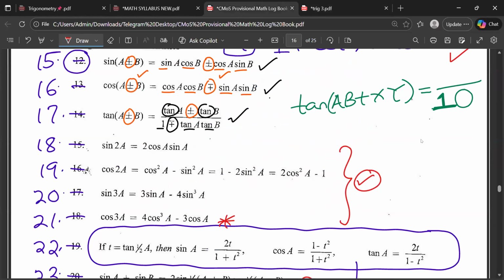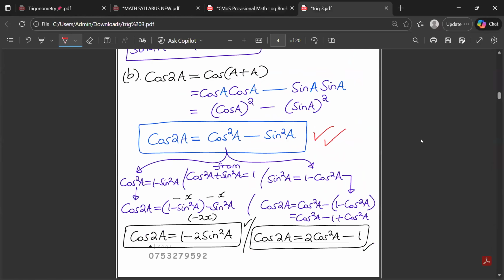By the way, all of them are there, sorry. So, we are having that. And we said from the first trig identity, we realized when we make cos squared A the subject, that's what we get. And we also realized that when we make sine squared A the subject, that's what we get.